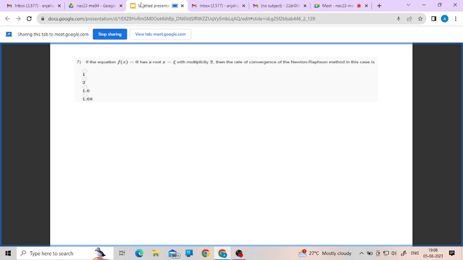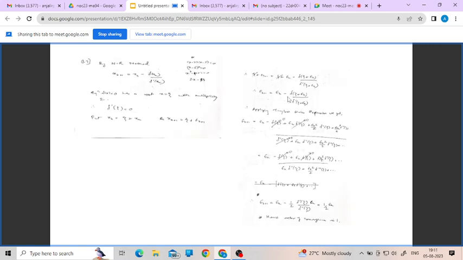Now this xi and xi will get cancelled out. Therefore epsilon(k+1) equals what? Epsilon k minus f(xi + epsilon k) upon f'(xi + epsilon k). Now apply Taylor series expansion on the numerator and denominator. Till this, do you have any doubt? Is it clear to everyone?